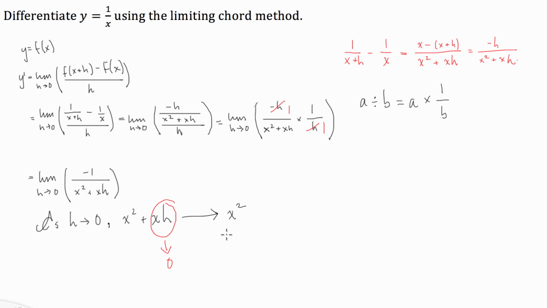So what happens here is as h approaches 0, x squared plus xh approaches x squared, and we can write, therefore, the derivative is equal to negative 1 over x squared.